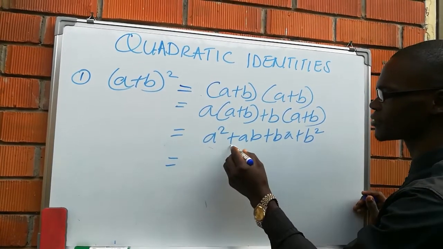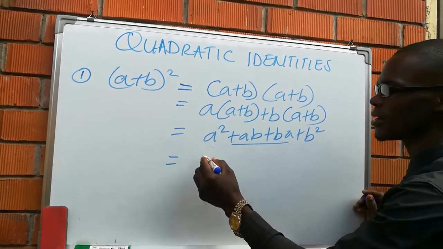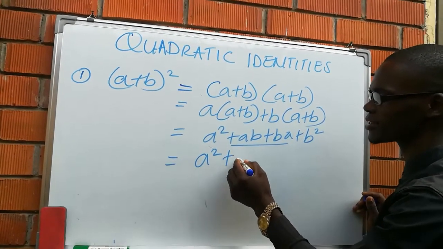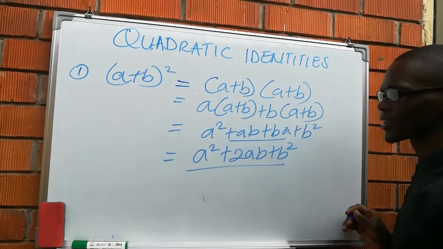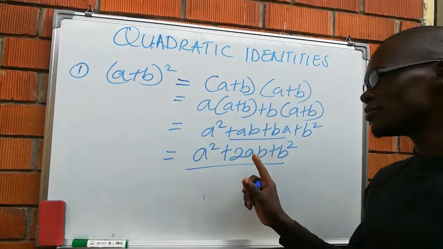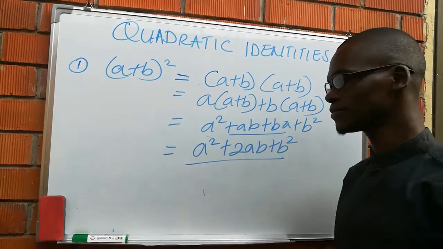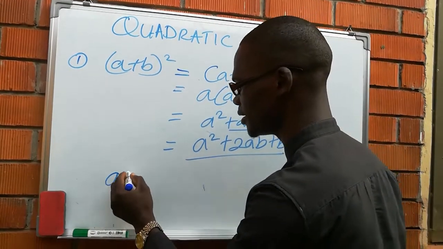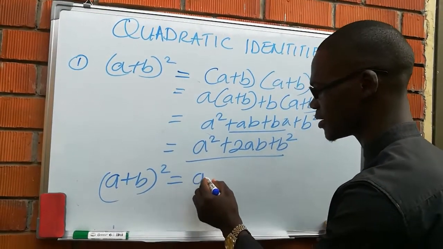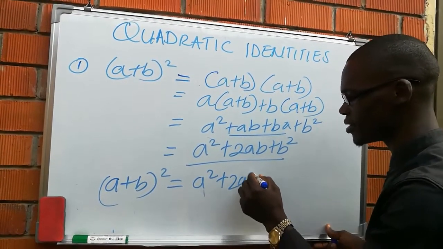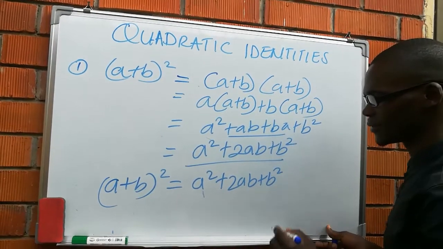And now if we are to simplify this, we come up with a squared plus 2ab plus b squared. Then from this very expression, we see that a plus b squared is the same as a squared plus 2ab plus b squared.